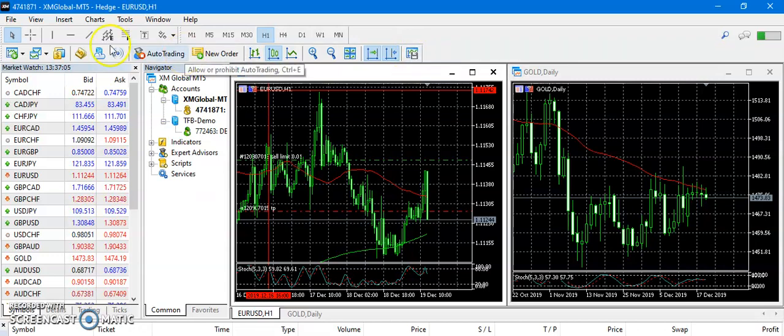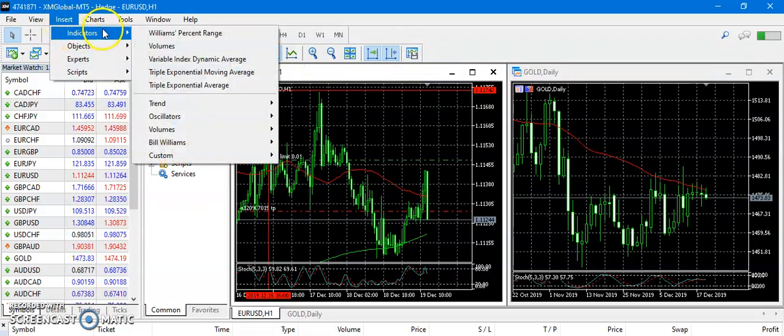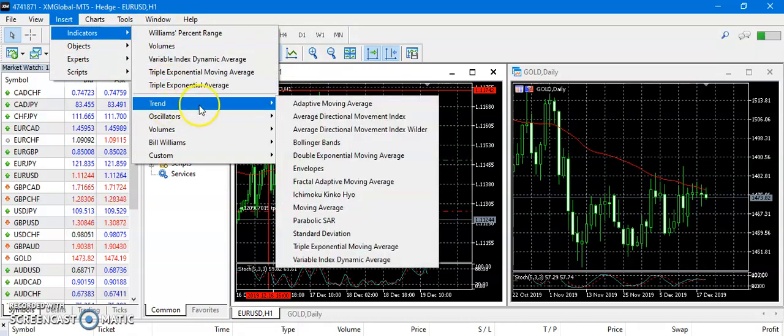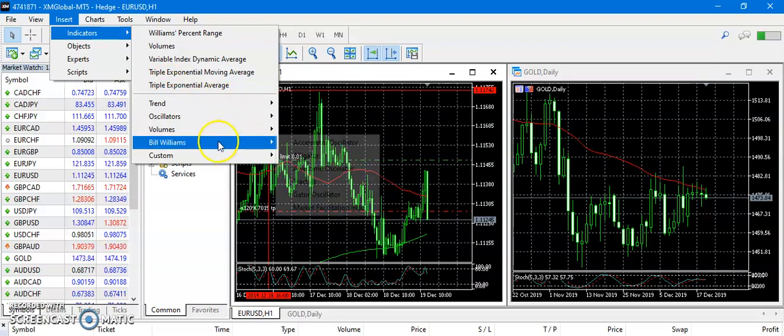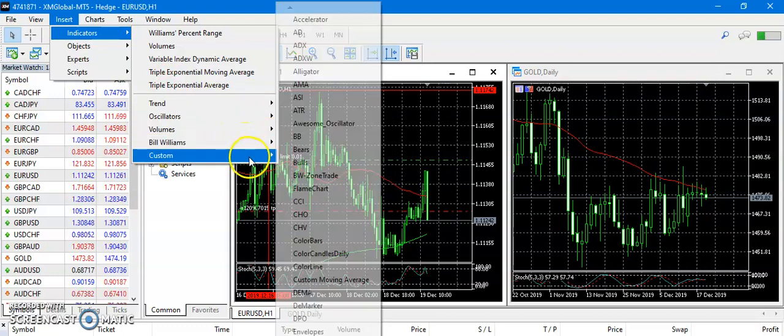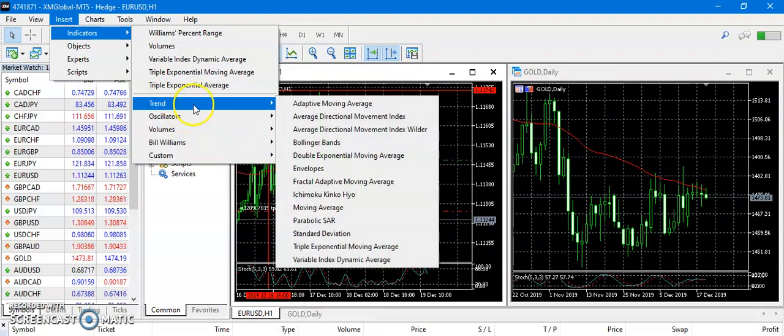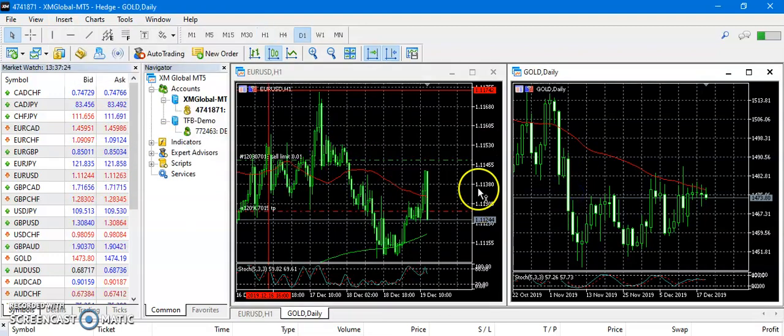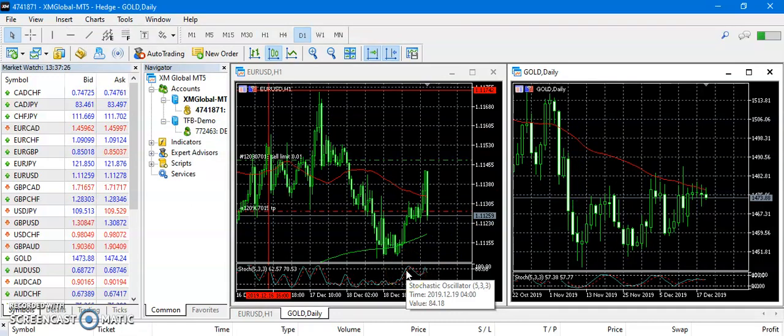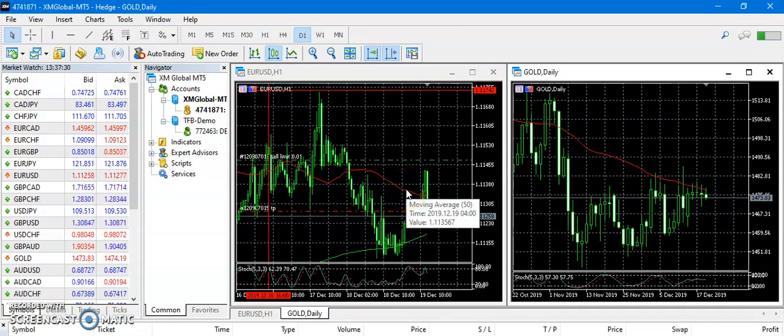Now I like to look at the insert area. You have different indicators, like the ones that measure trends, you have oscillators, you have volume, you have custom indicators, and all that. So if you want to add indicators, here is where we go. Like on my charts, I have two indicators. I have the stochastic oscillator and I have two moving averages. So it's simple.